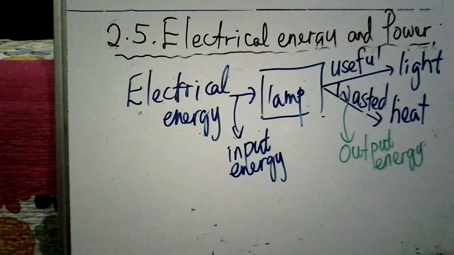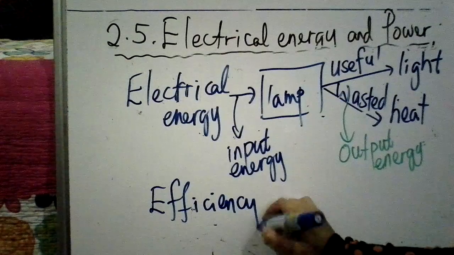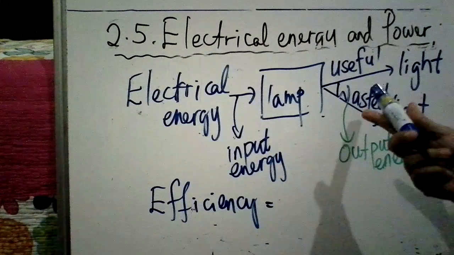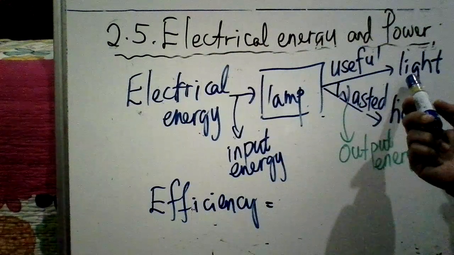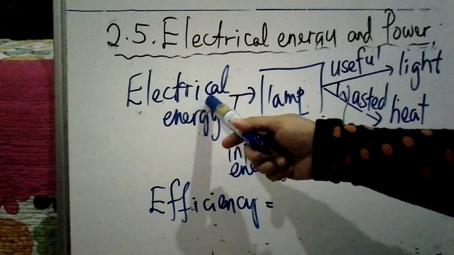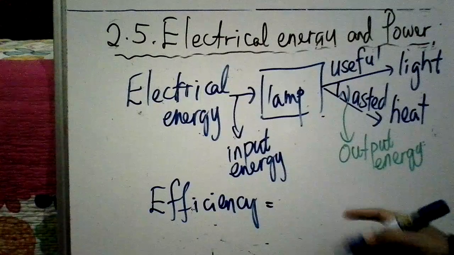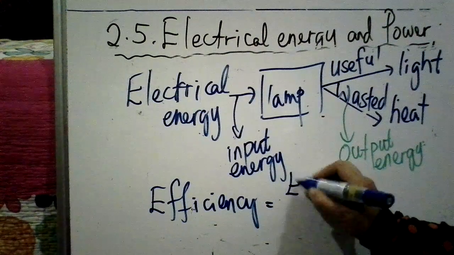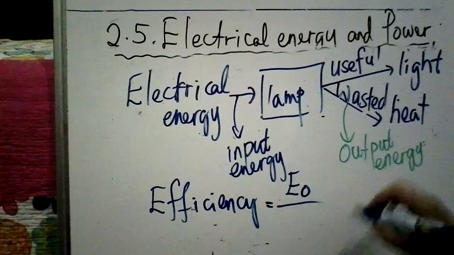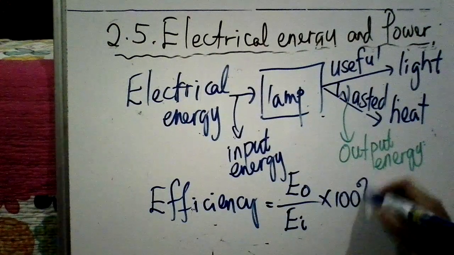So what is the efficiency of the lamp? Efficiency is the percentage of useful energy produced by the lamp compared to the electrical energy supplied. So we have the formula: useful energy output divided by energy input, multiplied by 100%.